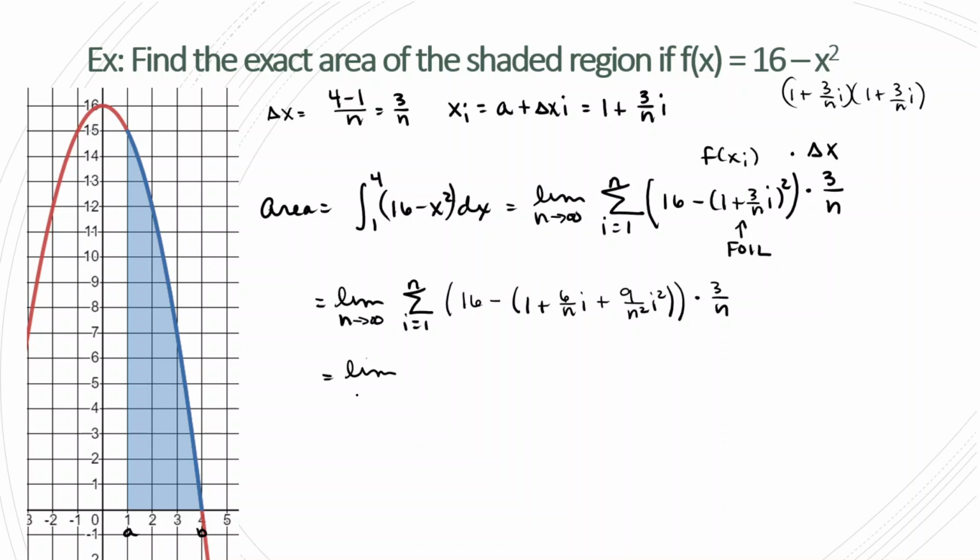Okay, let's continue with some algebra. So I'm going to subtract all of this, and then I'm going to take this 3 over n and multiply it through.